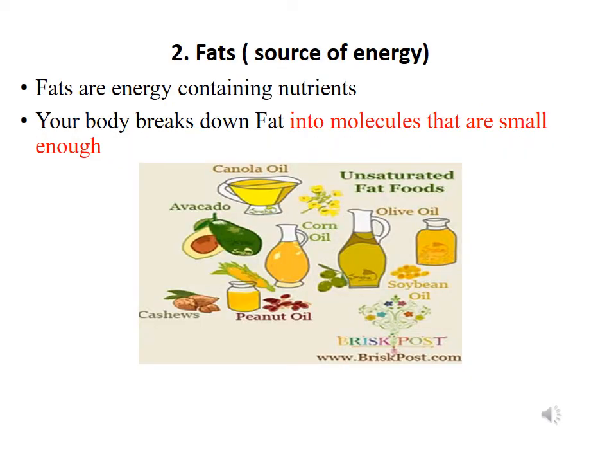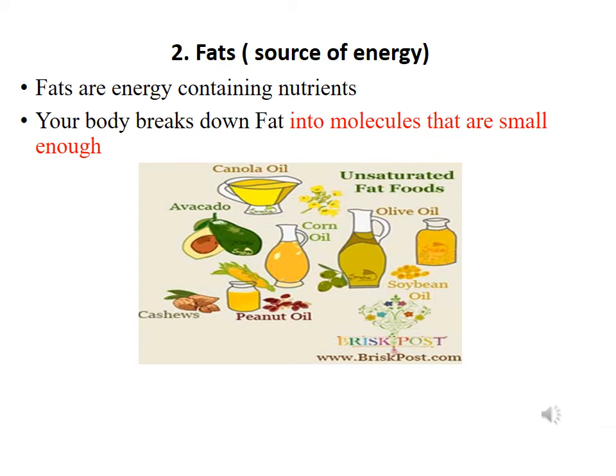Another important nutrient that provides the body with energy is fat. Fats are energy-containing nutrients. Some examples of food rich in fats are oil, avocado, peanut oil, peanut butter, etc. Note that fats are complex molecules. They need digestion. Therefore, your body breaks down fat into molecules that are small enough.